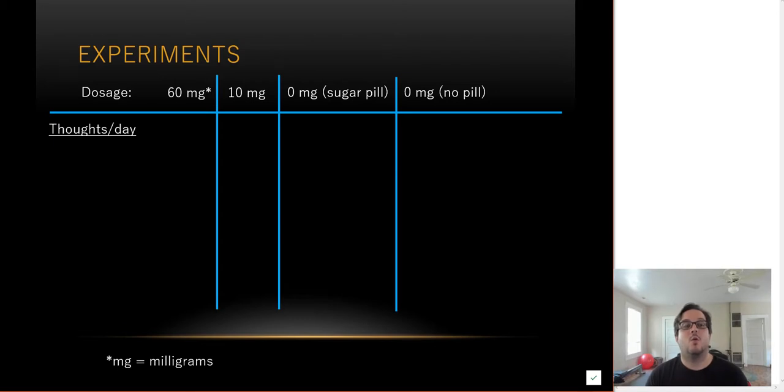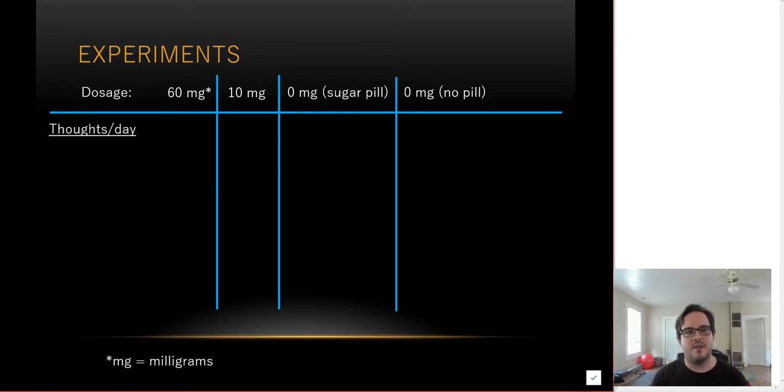So when we give Paxil to certain people, they are in the experimental group. The other group is the control group. So the two 0 milligram groups, those are controls. These are the groups that we're going to compare the Paxil groups to. So experimental and control groups.